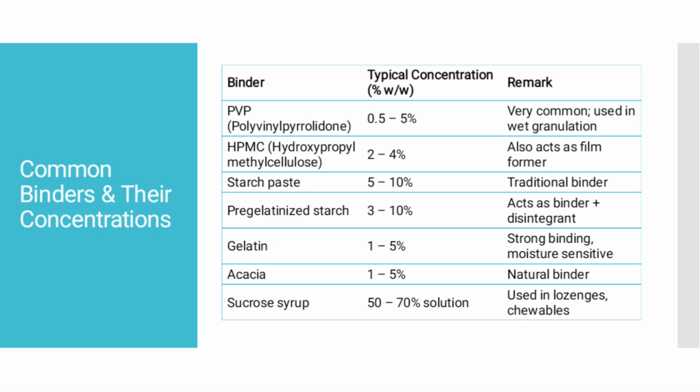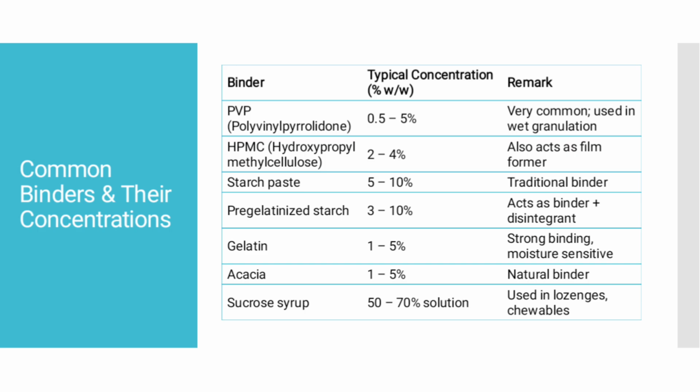Then starch paste is commonly used at 5 to 10% and it is used as a traditional binder. Then pre-gelatinized starch is used at 3 to 10% and it acts as a binder as well as disintegrant. Gelatin is used at 1 to 5% for strong binding, and is moisture sensitive.